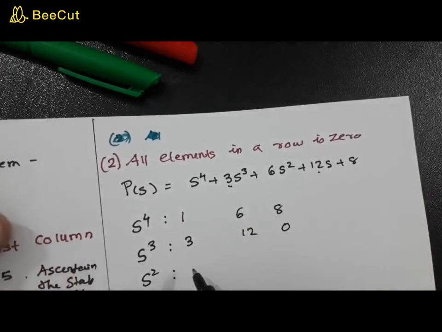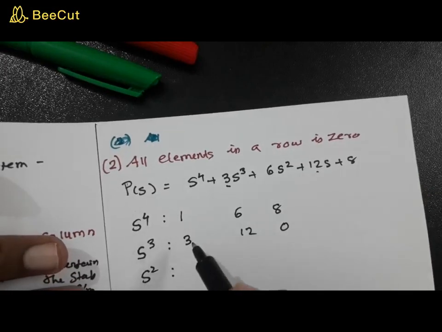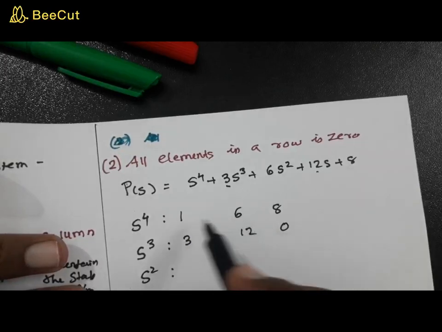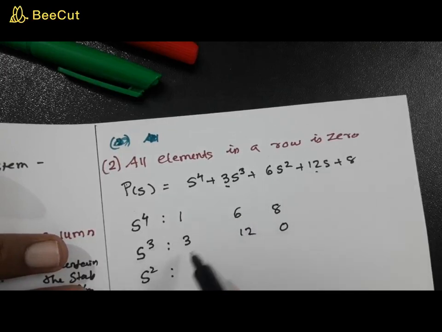So what is S2 now? This will be 3 into 6 minus 1 into 12, that is 18 minus 12, by 3, or 6 by 3, which is equal to 2.